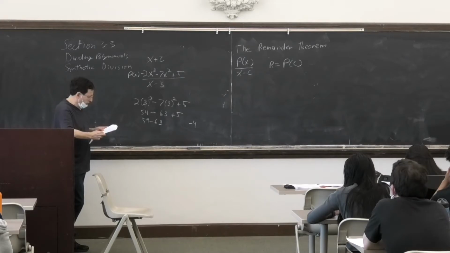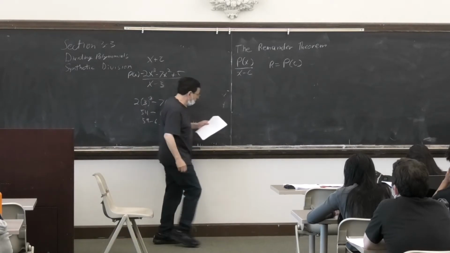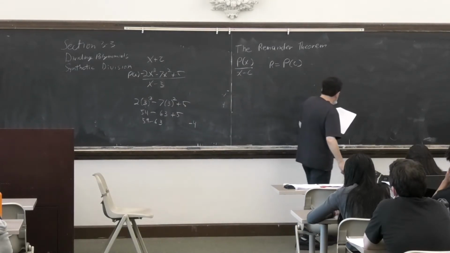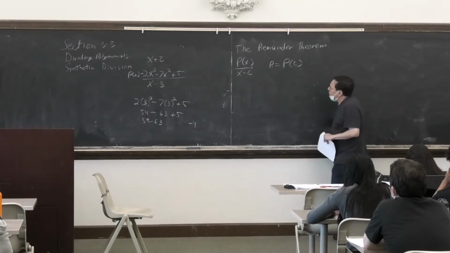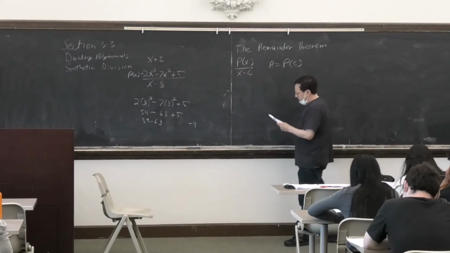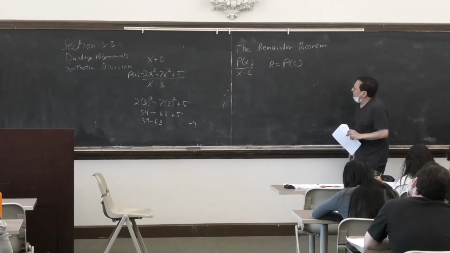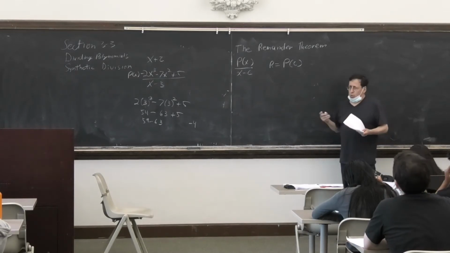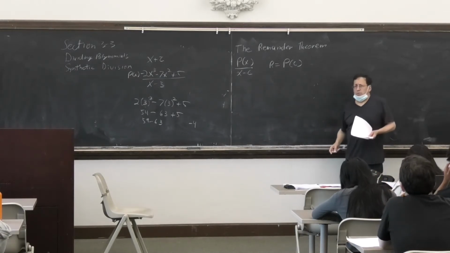All right, so we want to know why this is the case. Well, we want to divide p of x by x minus c, and we want to get a quotient polynomial and a remainder.